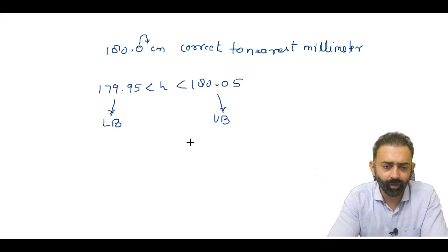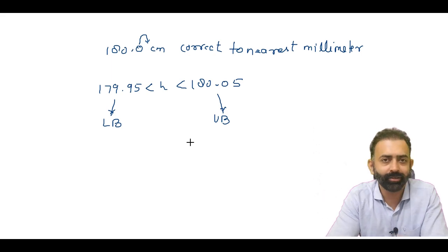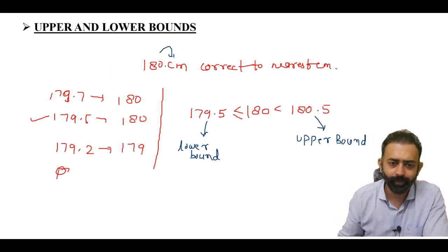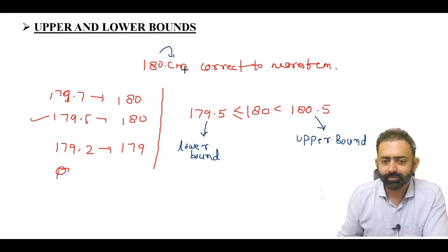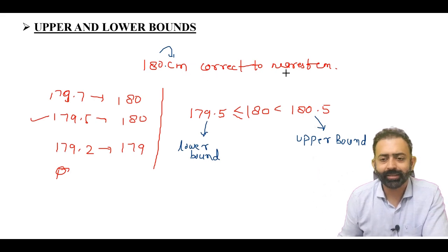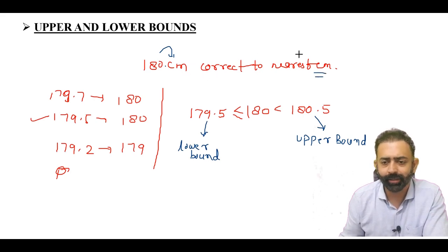Now, if it seems to be difficult or complex, let me give you one trick to find out the upper bound and lower bound in just a few seconds without going deeper into the concepts of what is actually happening. If the question is about correct to nearest centimeter, that indicates it is nearest 1 centimeter.